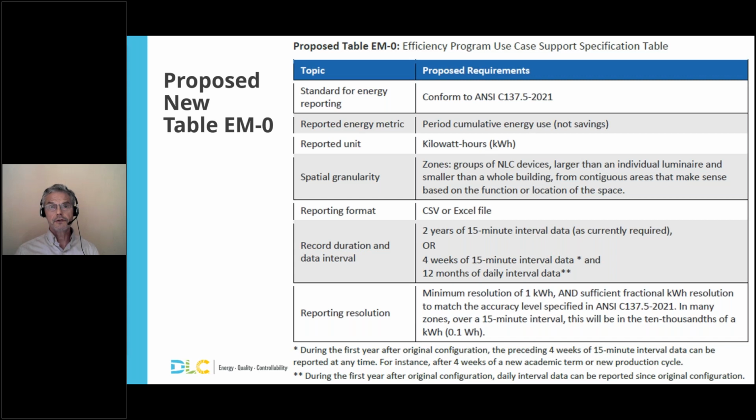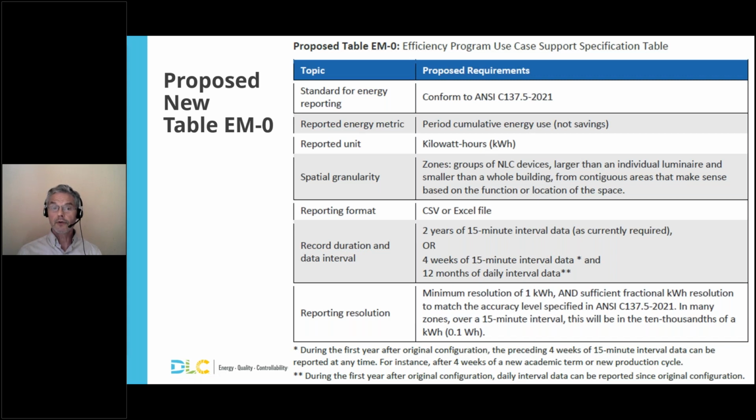There will be further discussion about this because in relation to C137.6, that makes space for kilowatt hours with a scale factor, but it's not exactly the default. So more discussion on that, but that was a proposal from the group because utilities typically work in kilowatt hours, and because they're mostly interested in groups of luminaires or zones as opposed to individual luminaires.